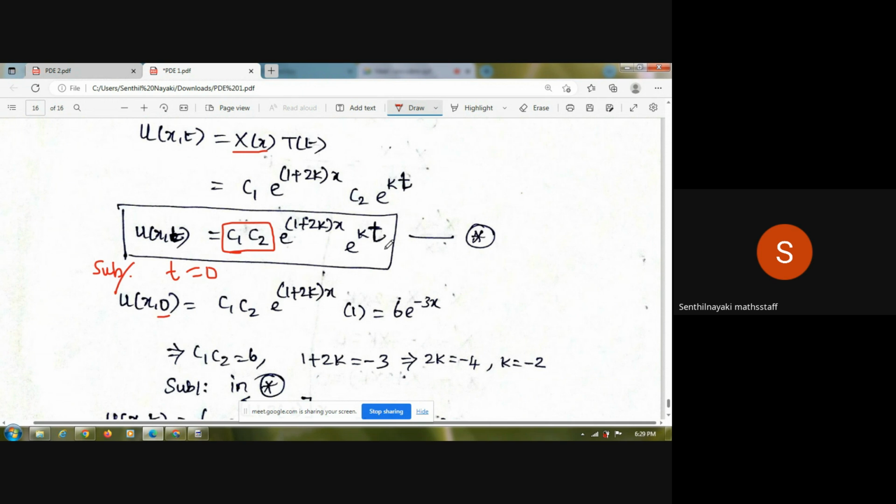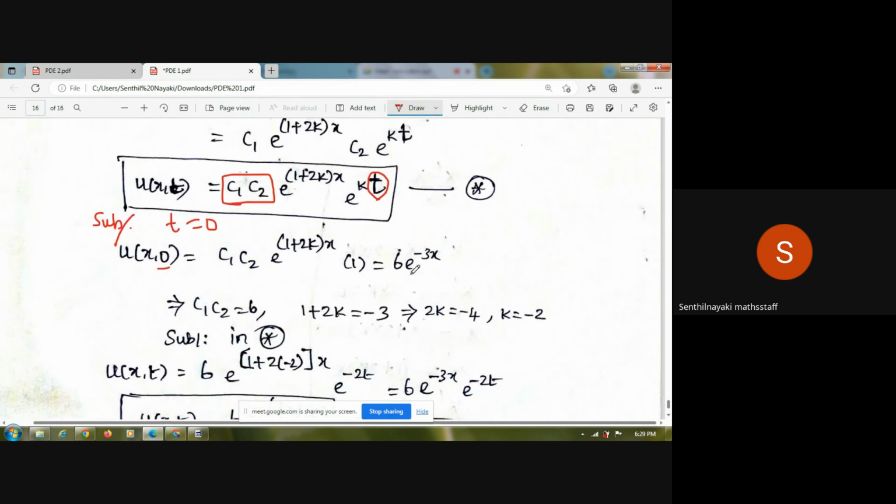But in the second term, we have one term t in the exponential term. Substitute t equal to 0, then 0 into k equal to 0, so e power 0 is 1. So we get c1 c2 e power (1 plus 2k) into x, which is equal to 6 into e power minus 3x.